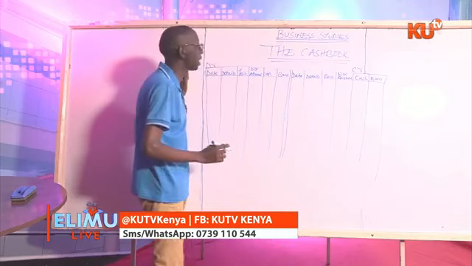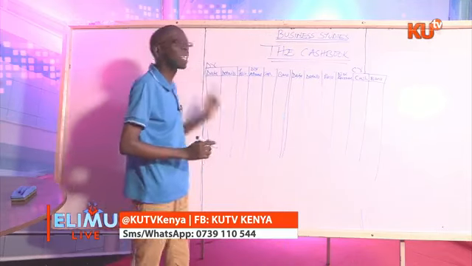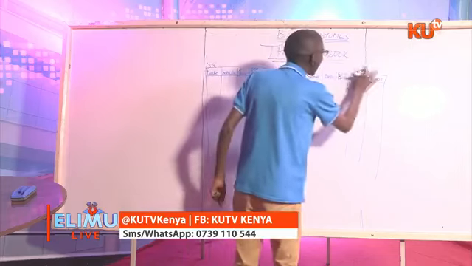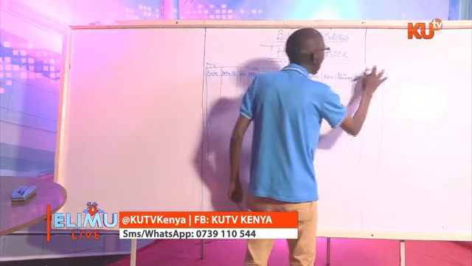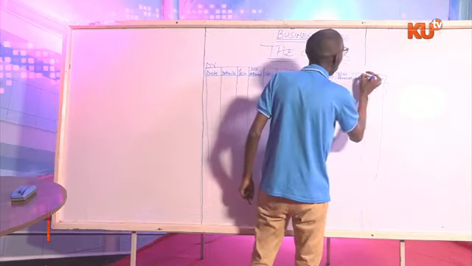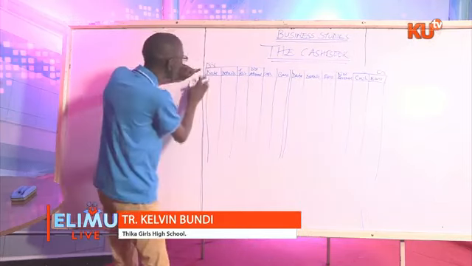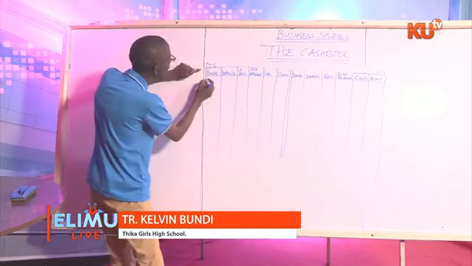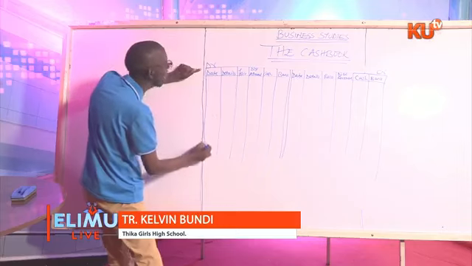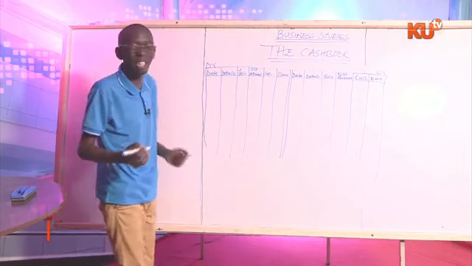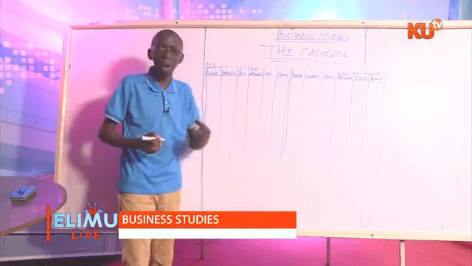On the debit side, we record transactions increasing the amount of money in bank or cash. So on the debit side, we record any transaction that will lead to an increase in cash or an increase in bank amount.